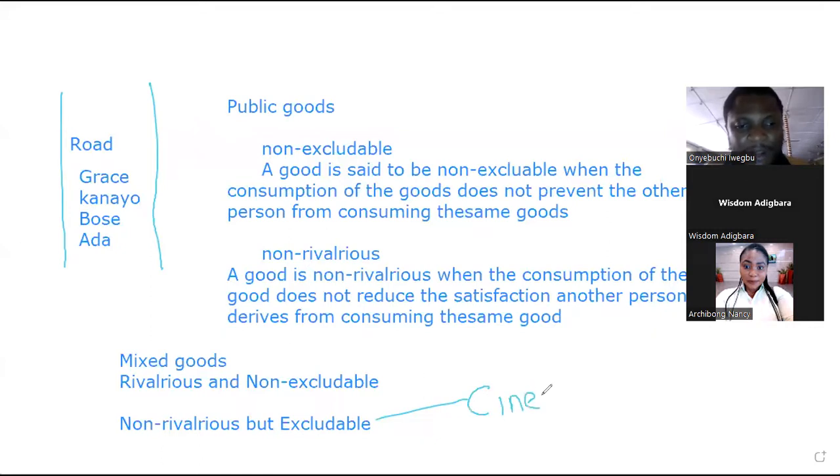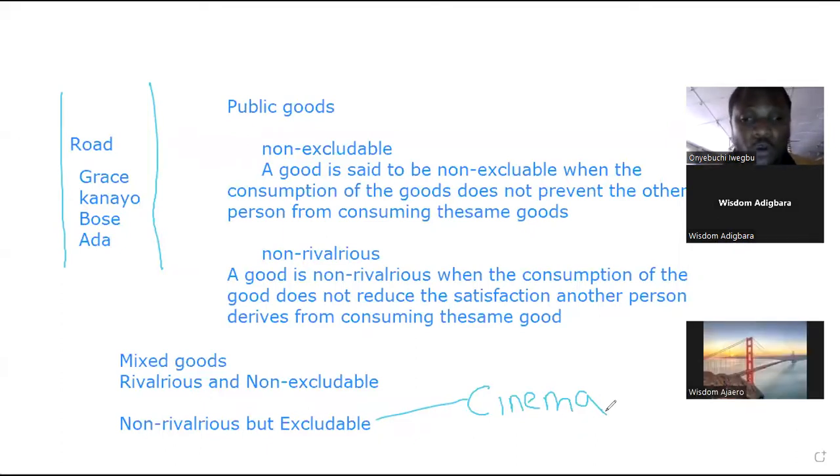For example, you want to go and watch Battle on Buka Street. By the time you get to the zone, you can be excluded from watching the film if you do not pay money. So you can be prevented.